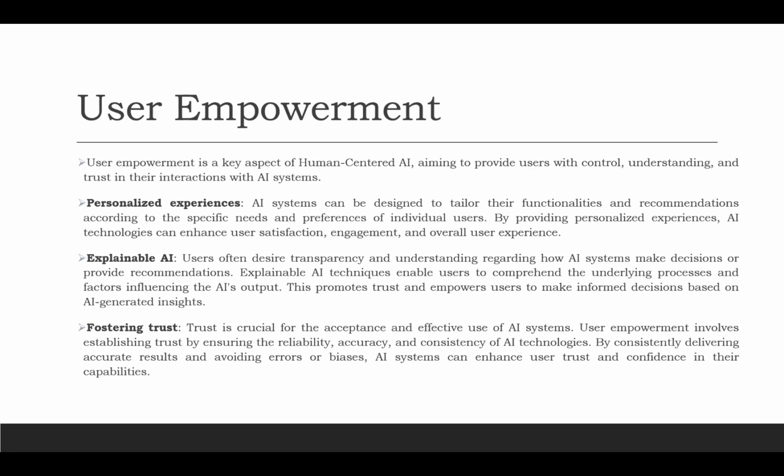These techniques can enable users to comprehend the underlying process and the factors that can influence the AI's output, and then fostering trust, which is crucial for the acceptance and effective use of AI systems. It involves establishing trust by ensuring the reliability, accuracy, and consistency of AI technologies.